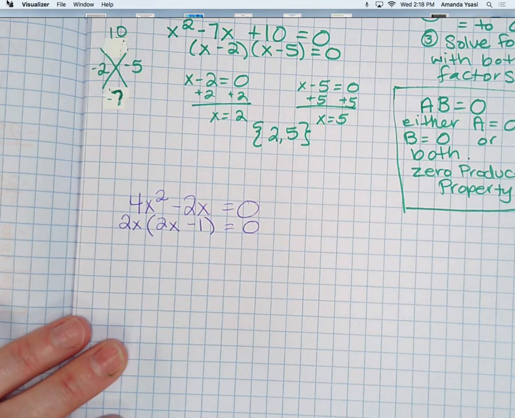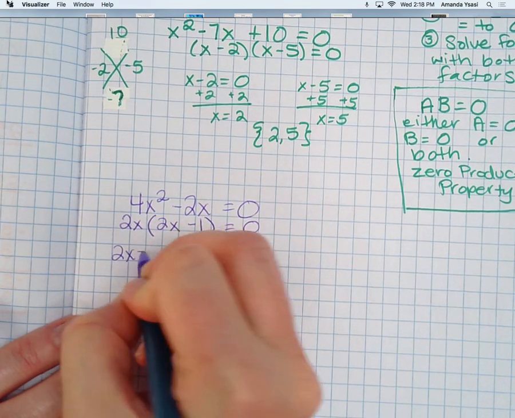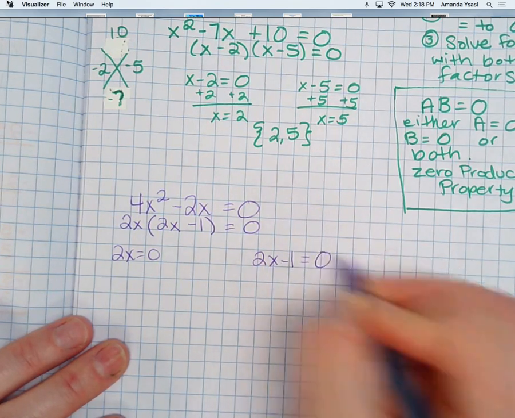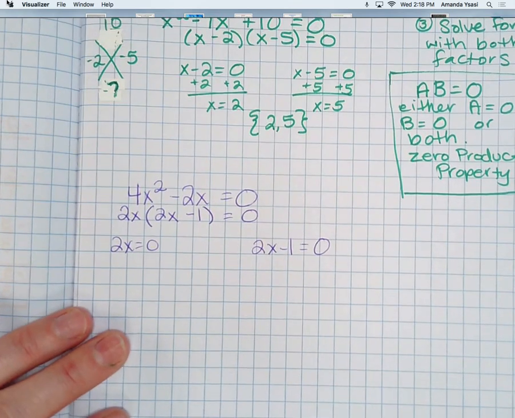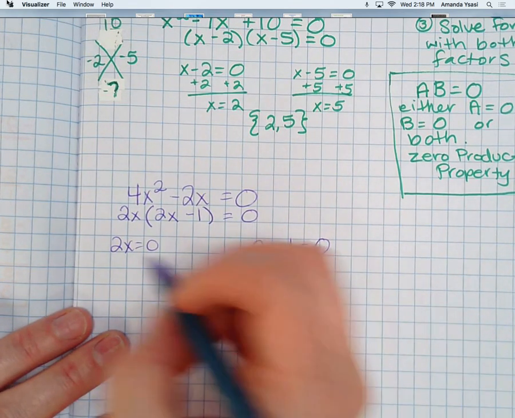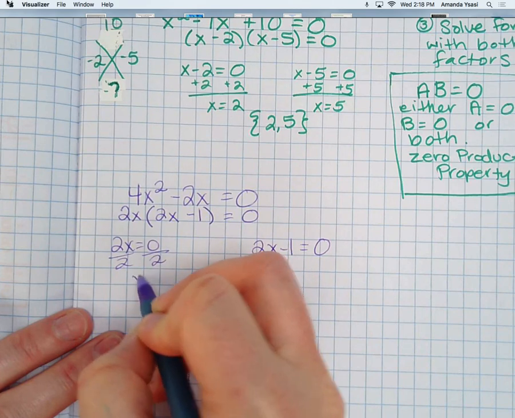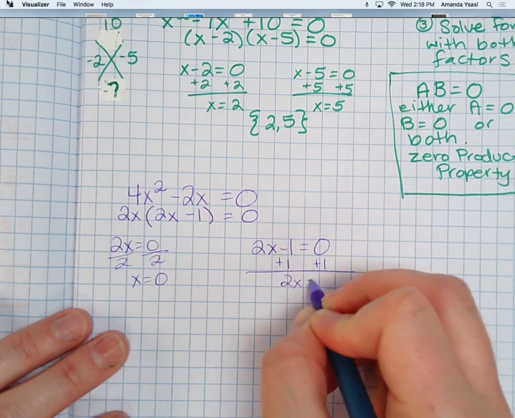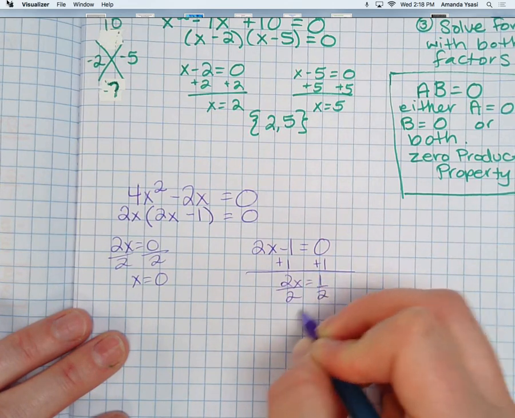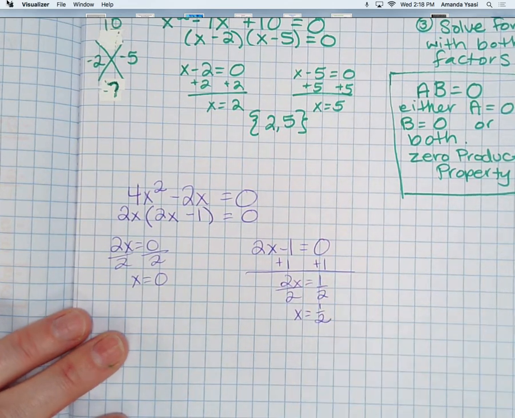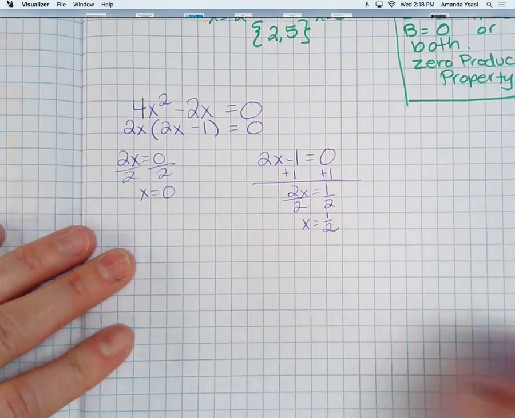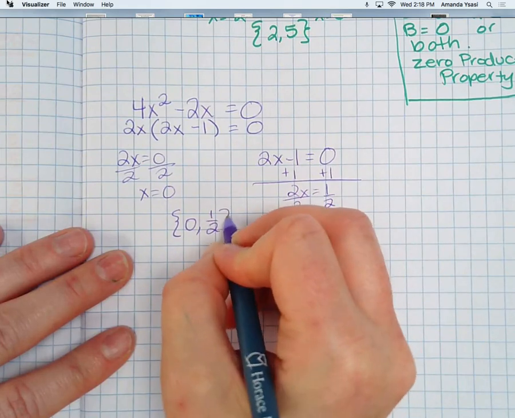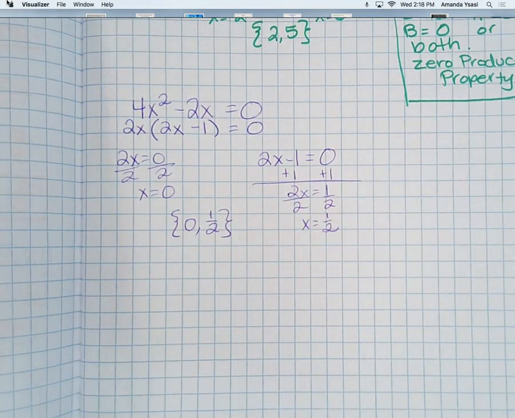Then we set both factors equal to 0 and solve them. And then we have the solution set 0, and a half.